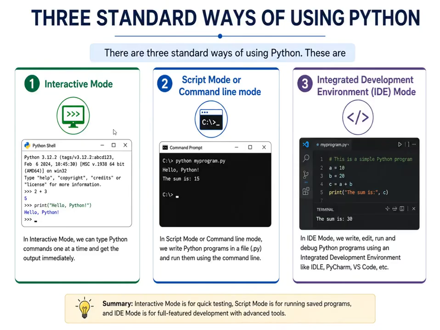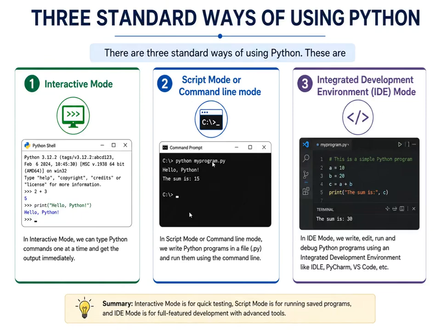In interactive mode, we can type Python commands one at a time and get output immediately. Type 2 plus 3, output 5. Type print hello, and the output is there. Immediate output.